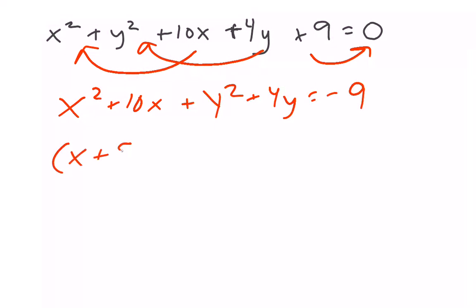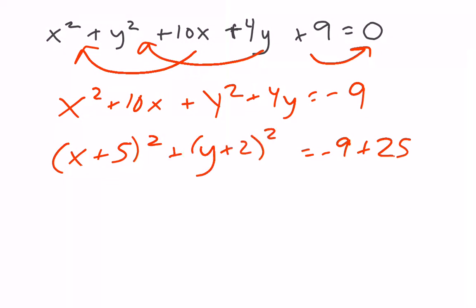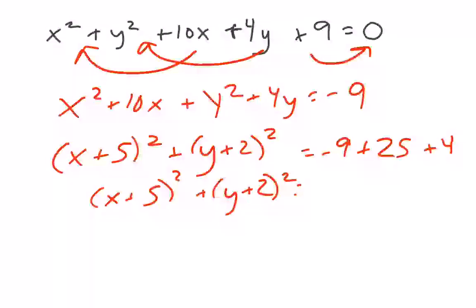So (x + 5)². 5 squared is 25, so I need to do negative 9 plus 25. (y + 2)², so I need to add a 4 to both sides. So I get (x + 5)² + (y + 2)² = 20.